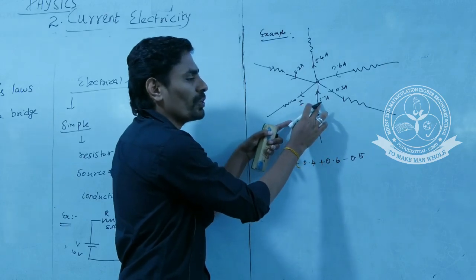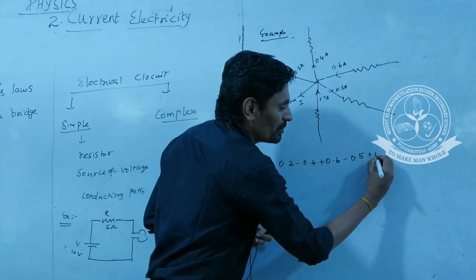Next, the current 0.7 entering the junction is taken as positive, so plus 0.7.